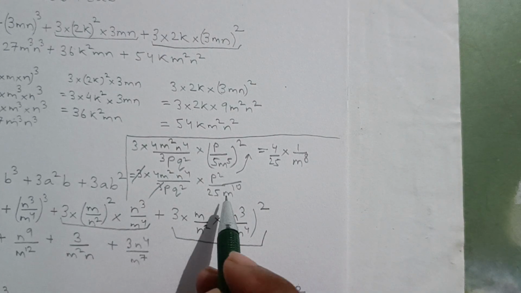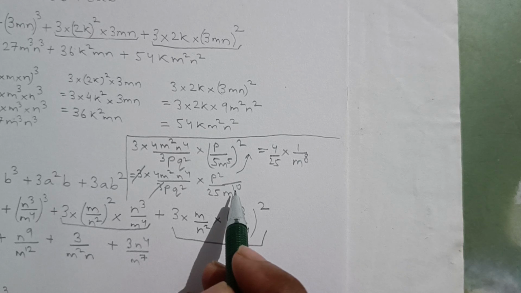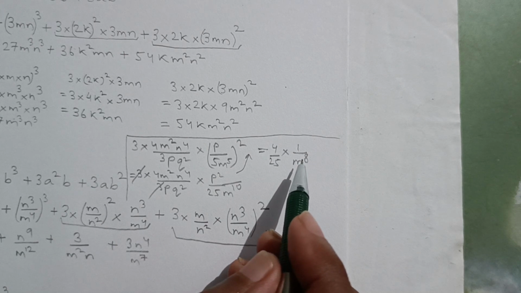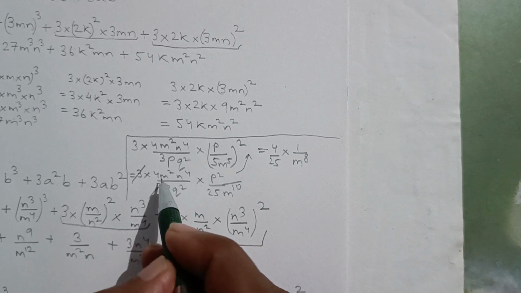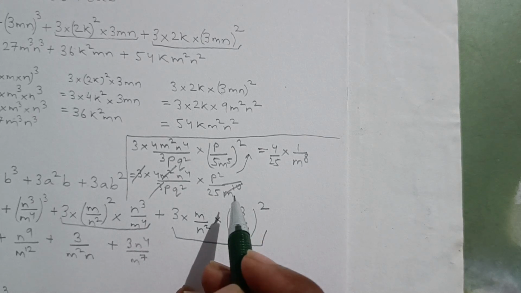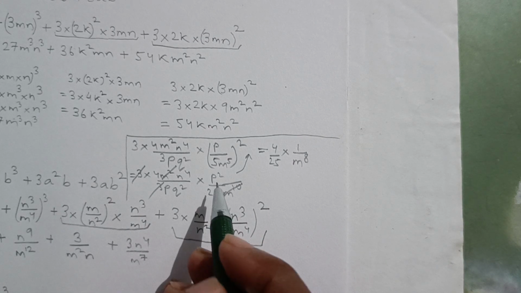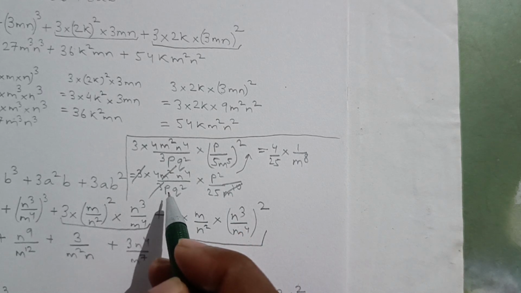Because m to the power 2 upon m to the power 10 is m to the power minus 8. 2 minus 10 is minus 8. So m to the power minus 8. Now m to the power minus 8, I can write it as 1 upon m to the power 8. I want to write the power as positive. So this has been done, this has been done. Then we are having p square upon p.